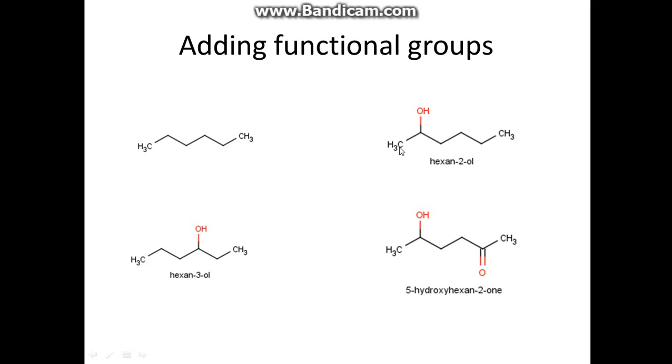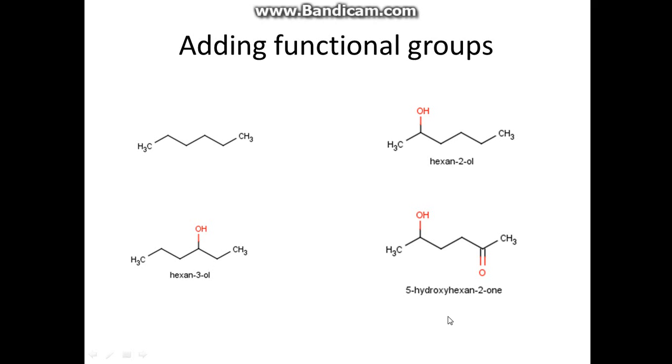As you can see, in hexan-2-ol, carbon number 2 is bonded to the functional group. Now this can trick you initially, because you'd think it's number 3 from this end, but you name it so it's the lowest number possible, so 1, 2. Otherwise you would have hexan-4-ol, which wouldn't make sense because it has to be the lowest number possible. So you start numbering from the opposite end if you can get away with it.